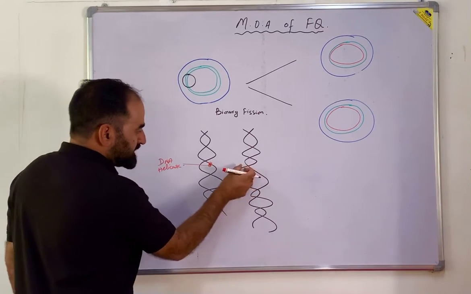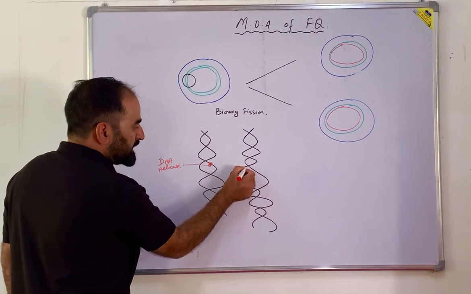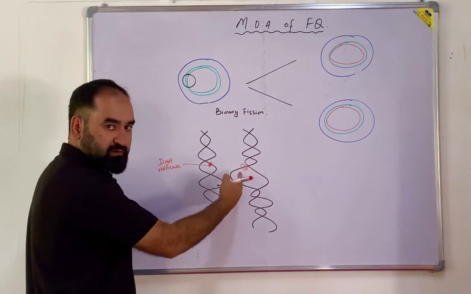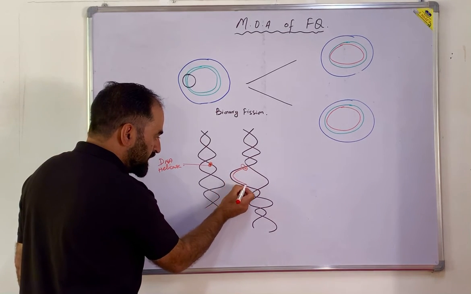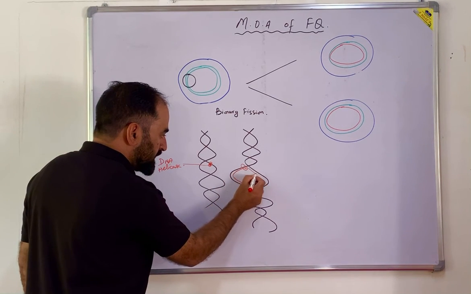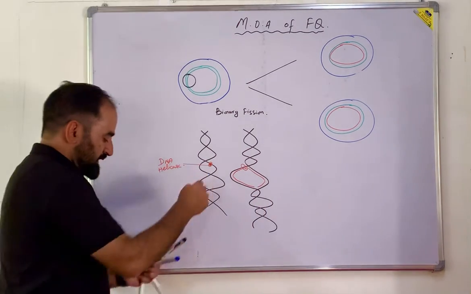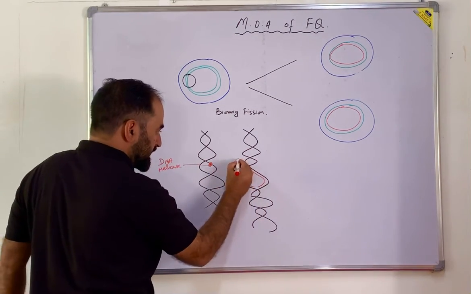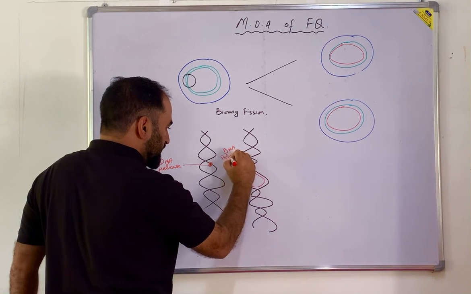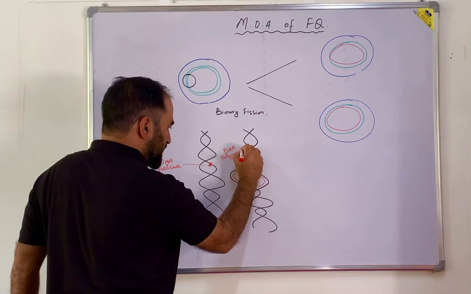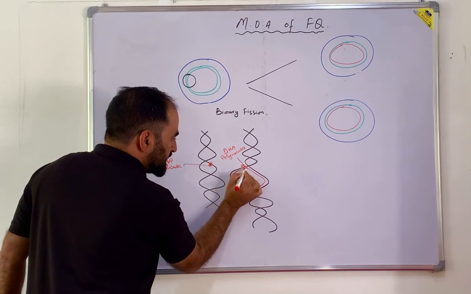DNA polymerases read the codon and form the complementary strand. It is DNA polymerase. Okay, it forms the complementary strand.